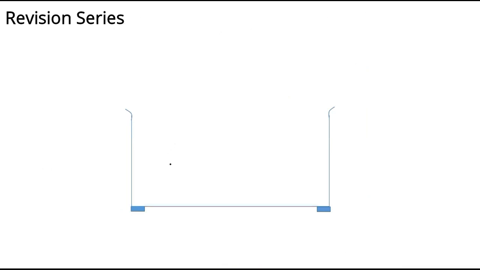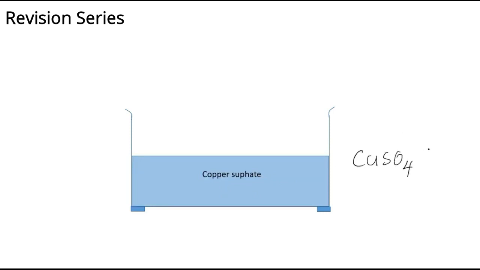What will happen if we take a container not with water? We'll take some other liquid such as copper sulphate. I am writing the formula of that. We'll take copper sulphate. Just like water is denoted by the formula H2O, copper sulphate is denoted by this.